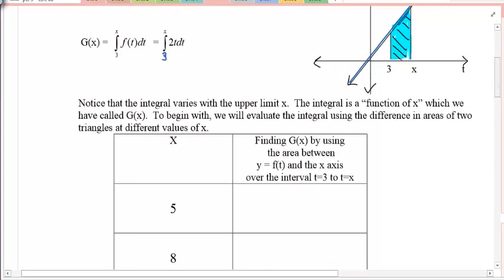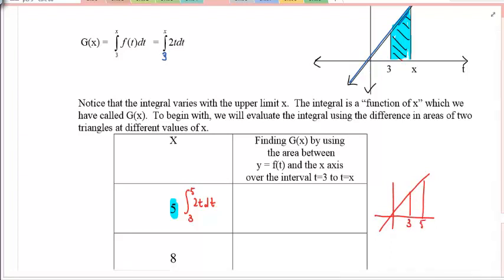So if I said the upper limit was 5, that means I'm asking you to do the integral of 3 to 5 of 2t dt. How would you actually do this? Well, if I draw a picture out here, once again, notice that I'm going now from 3 to 5. And ultimately, if you think about how I can calculate this, I can use two triangles, this larger triangle, and I'm going to subtract from that the smaller one.